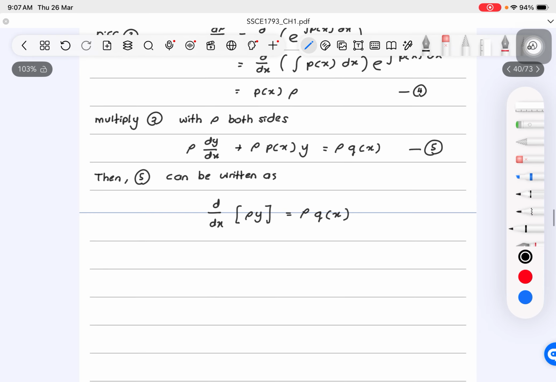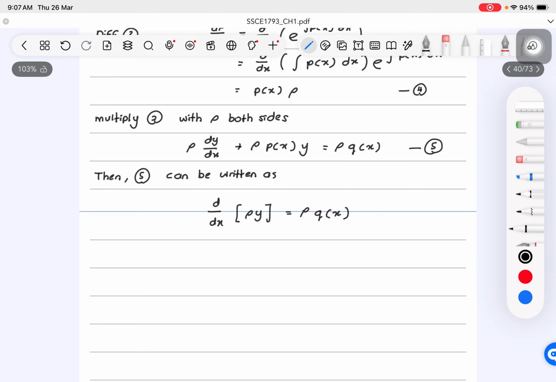Then we integrate both sides. So this is our sixth equation.